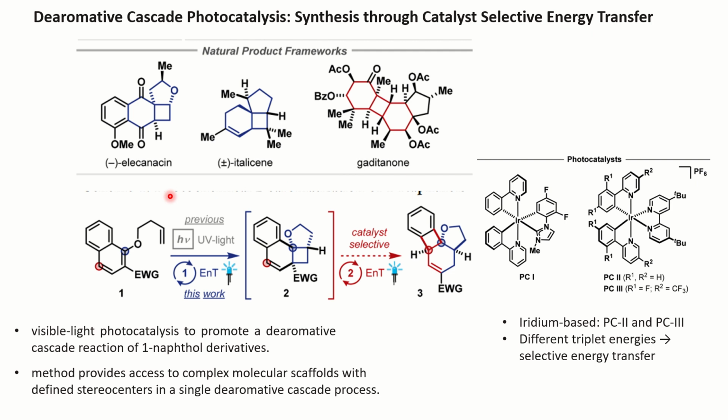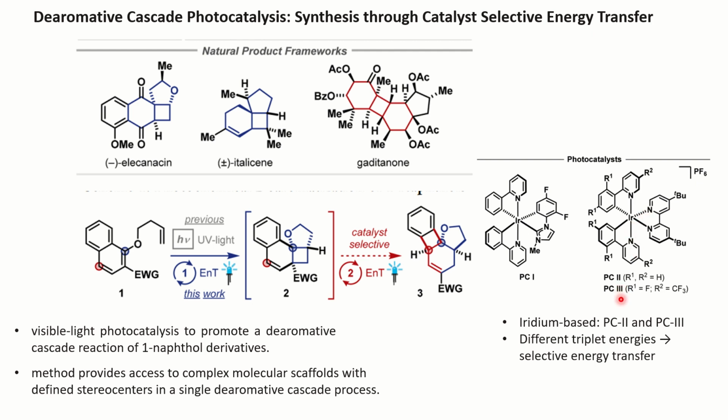Again, I'm mentioning the word energy transfer catalysis. So they have used these photocatalysts for the selective energy transfer. PC1 is this iridium based photocatalyst, and PC2 or 3 is also an iridium based catalyst, but the change here is the different R substituents. If you have R equals to hydrogen, then it's a PC2.